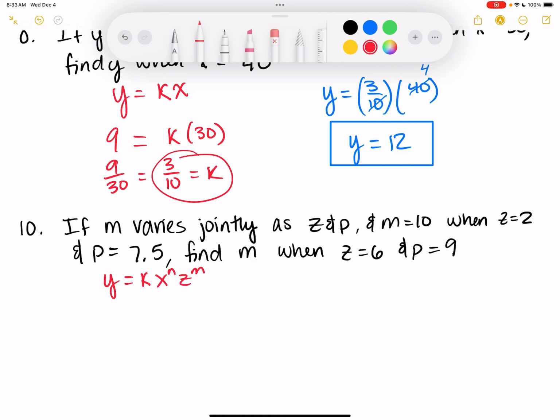But none of these things are being raised to a power, so the powers are just going to go away. Since m varies jointly as z and p, that means that z and p are replacing x and z over here, and y is actually going to be m in this case. So my formula for this problem specifically is going to be m equals k times z times p.